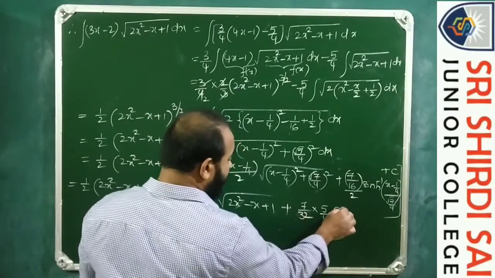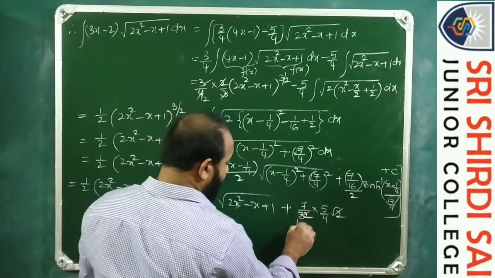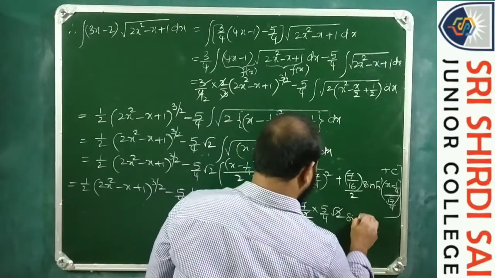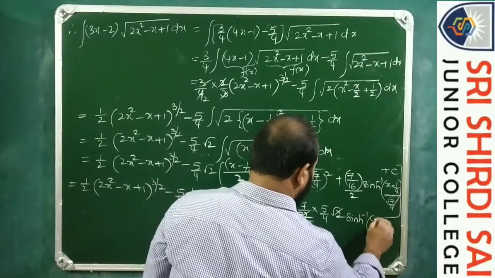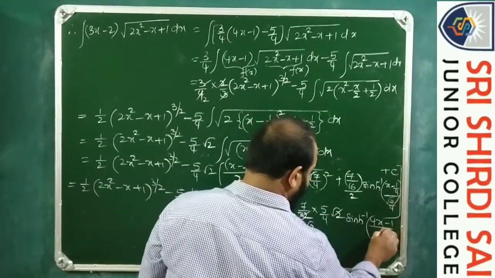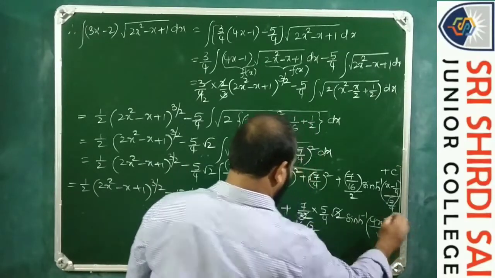32 is 16 2s, so this is 16 root 2 sinh inverse. This is (4x − 1)/4 by root 7/4. So 4 gets cancelled, root 7, plus constant of integration c.